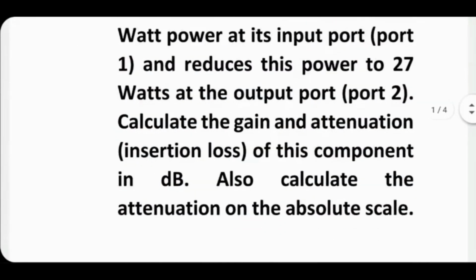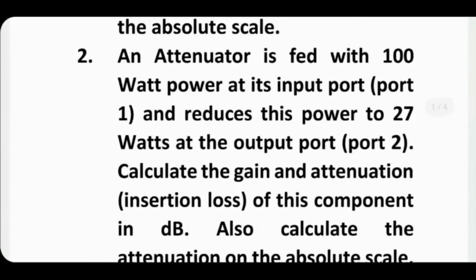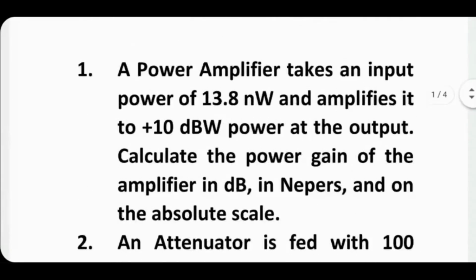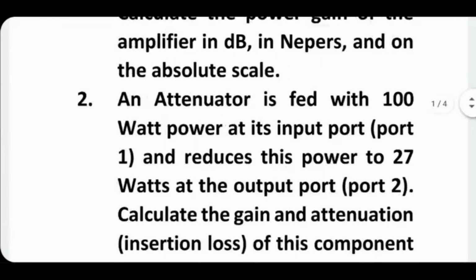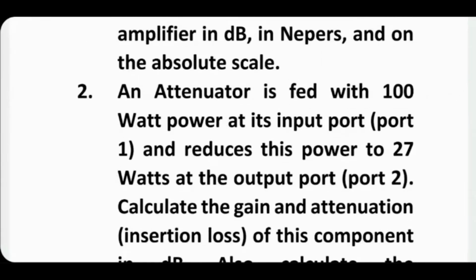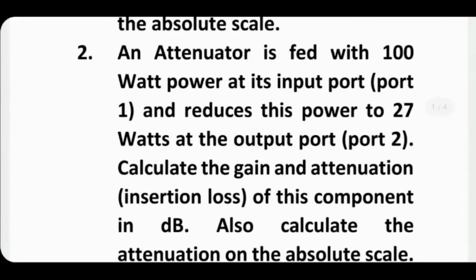One problem, the last one. Here the component is the opposite of an amplifier. In an amplifier, the output power is larger compared to the input power. In the attenuator, it's the other way around. This component is being fed with 100 watt input and it is producing 27 watt at the output.